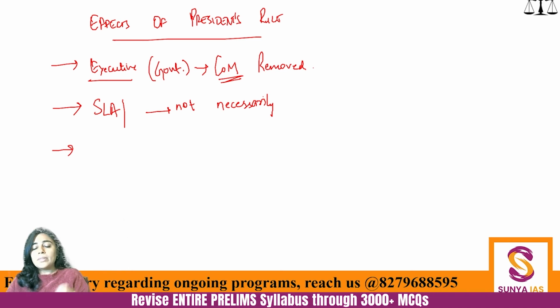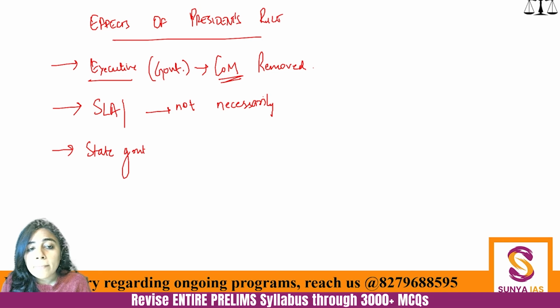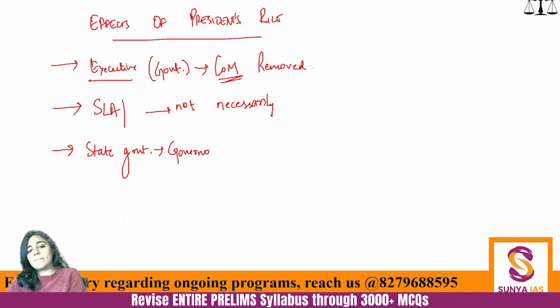So now that the state government is going to be suspended and removed, the functions of the state government shall be exercised by the governor. And that is why it is also called the governor's rule.